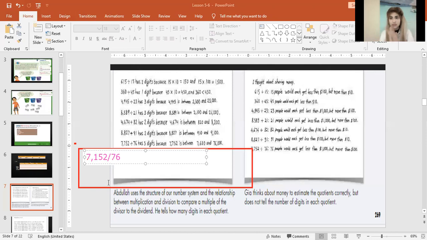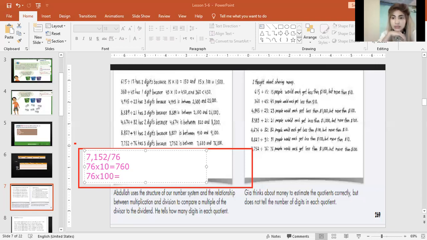Okay, so that's that easy. So let's see here. First, I will take 76 multiplied by 10. 76 multiplied by 10 equals 760.